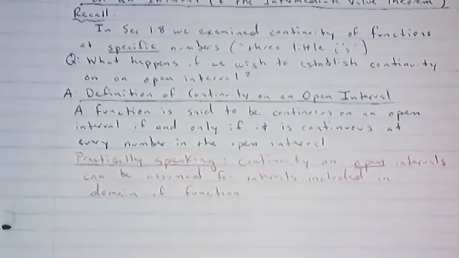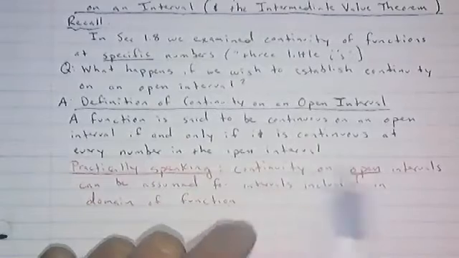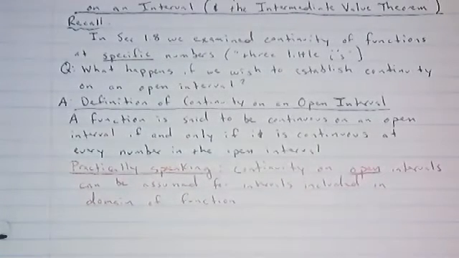So open interval, cool. It's continuous at every number on that interval. Because it's open, it doesn't include the endpoints, so you can prove continuity on every point. Endpoints, we'll see.